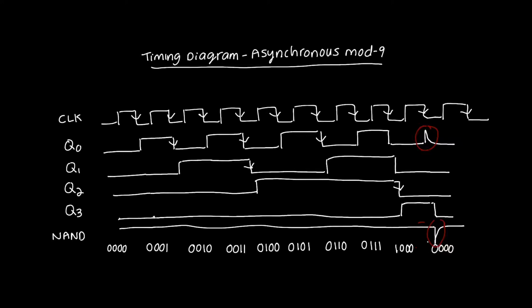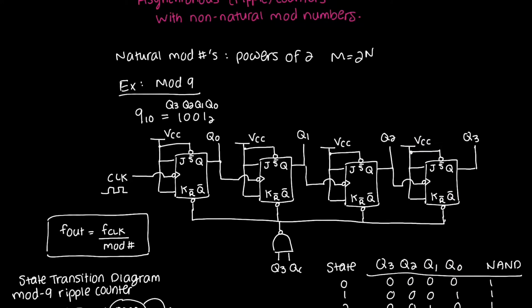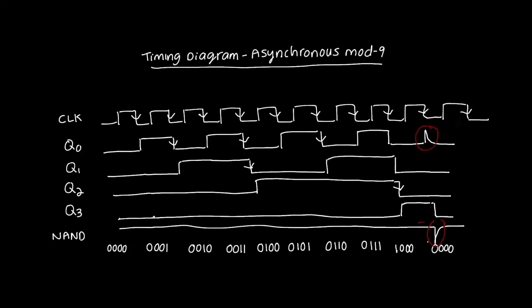And the problem that we have with asynchronous counters in general, regardless of whether it's a natural mod number, that is 2 to the n, or a non-natural mod number, so any other number other than like 2, 4, 16, etc., is that we have this issue where the output of one flip-flop is connected to the clock of the next flip-flop. So we get this sort of staggered delay that we can see over here.